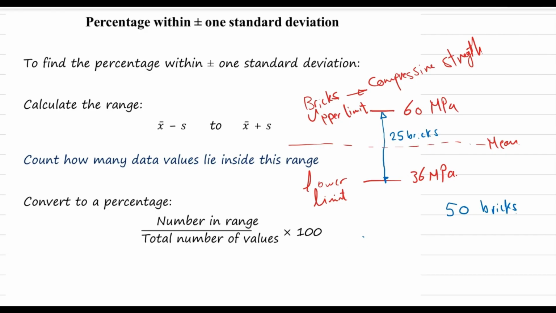To calculate the percentage of bricks within this range, we say 25, which lie between the upper and lower limit, divided by the total, which is 50, times 100. So 25 divided by 50 is 0.5, times 100, would be 50%. So this is how to calculate the percentage within one standard deviation, plus or minus the standard deviation.